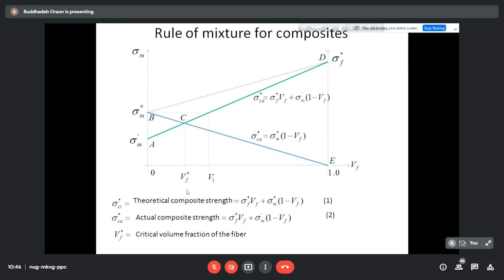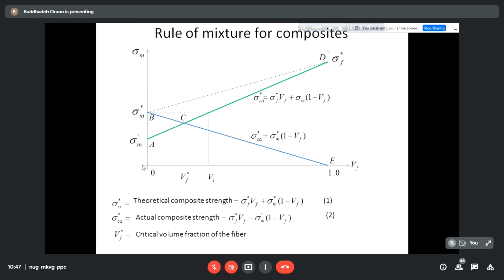Let me explain this graph. First, let me explain what the different notations are. In the x-axis we have given notation VF. VF indicates the volume fraction of fiber, which has been denoted in this x-axis. And we have taken two y-axes.